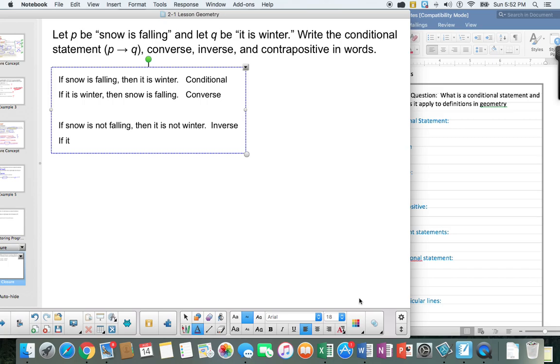If it is not winter, then snow is not falling. That is an example of a contrapositive. Okay, and this ends the lesson.